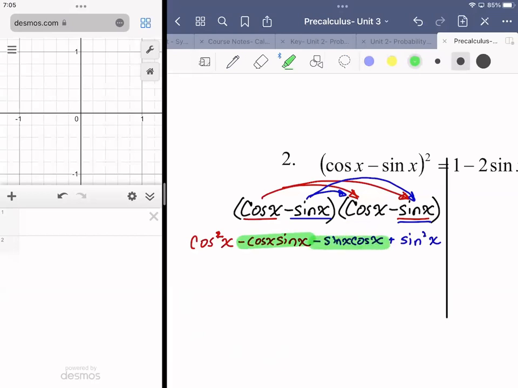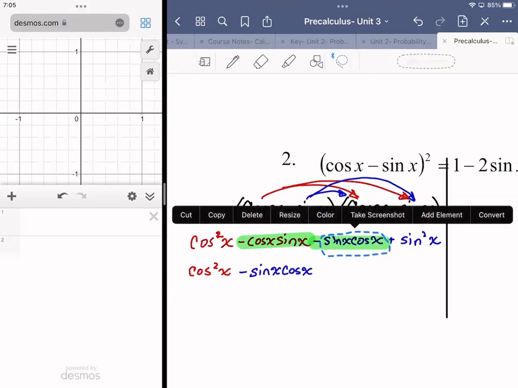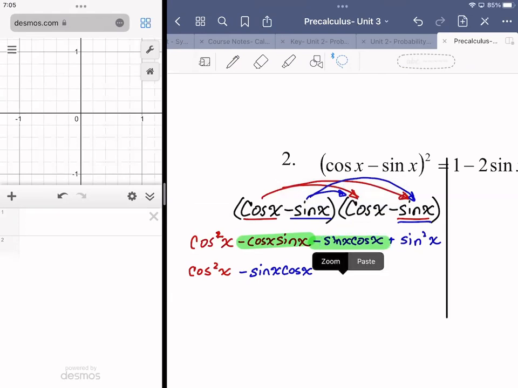It's just one has the cosine first, then the sine. But I could easily rewrite this. Cosine squared x. Then I'd have minus cosine x. Well, actually, I'll go with the sine x first. Because the other one I could just lift as is. A little bit of convenience here. Just drag it on down.